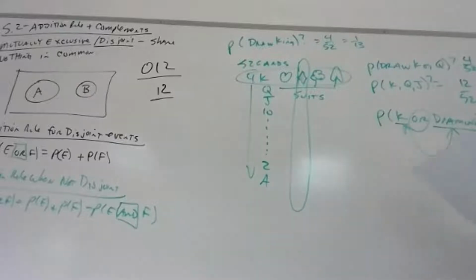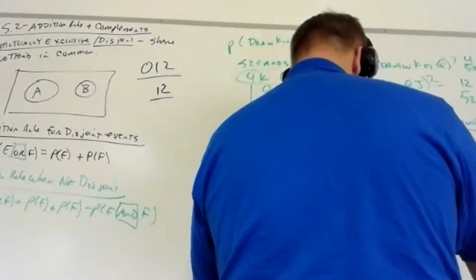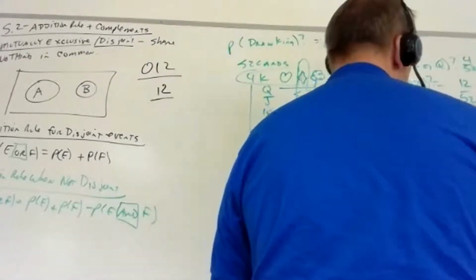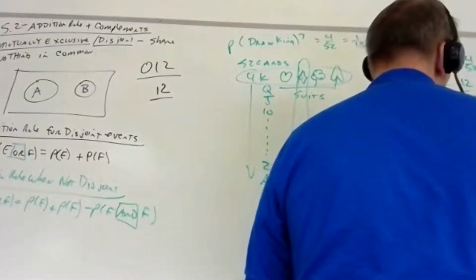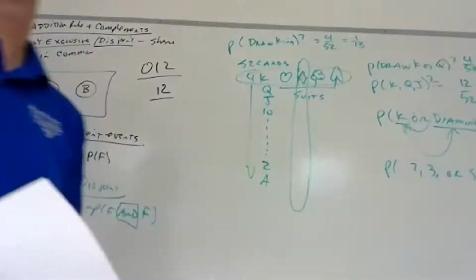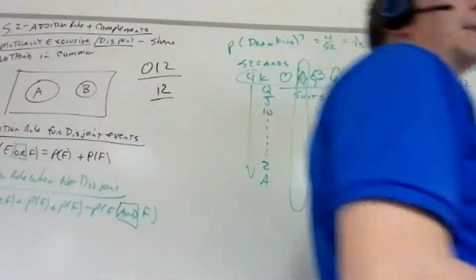All right, how about this one? The probability that I draw a 2, a 3, or a spade. Okay, I'm going to pick on, I know Tyler's name. I want to say it's Matthew. Oh, I got it right. What's the probability of drawing a 2 out of a deck of cards?